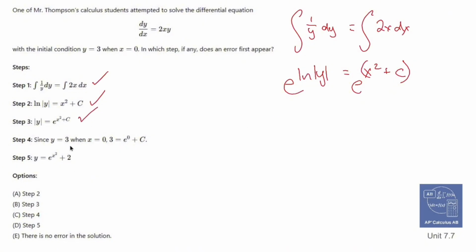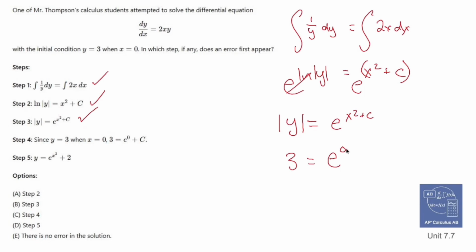Since y equals 3 when x equals 0, the absolute value of y is going to equal e to the x squared plus c, so y is 3, the absolute value of 3 is 3, equals e to the 0 squared plus c, so e to the c.